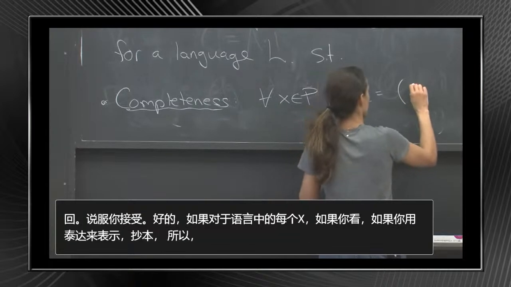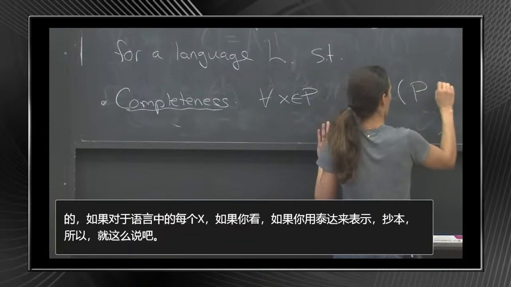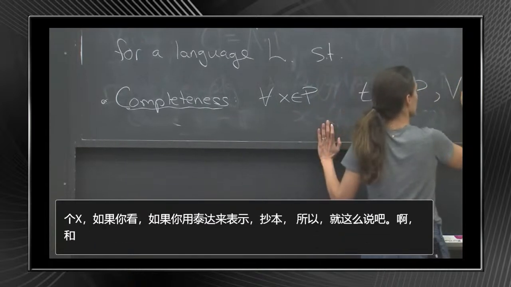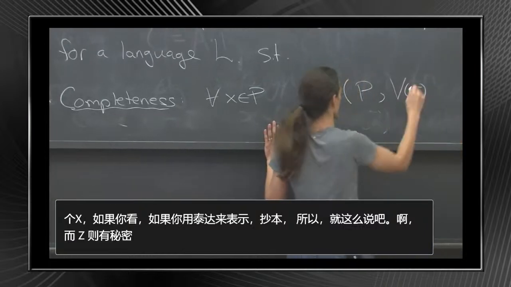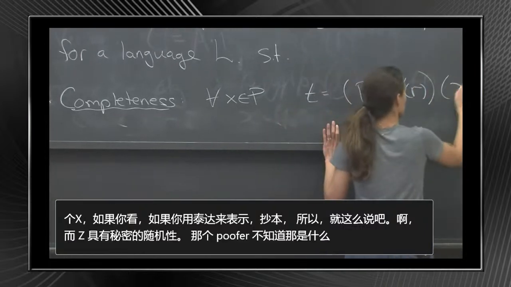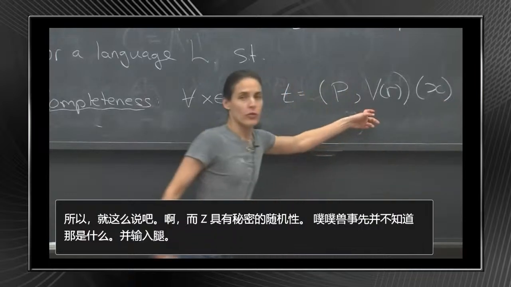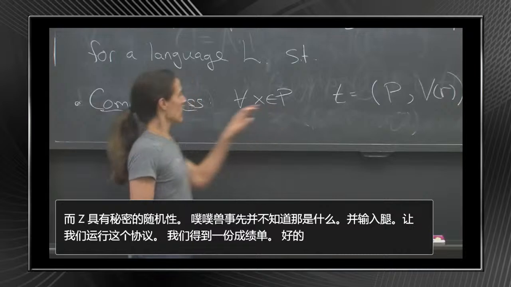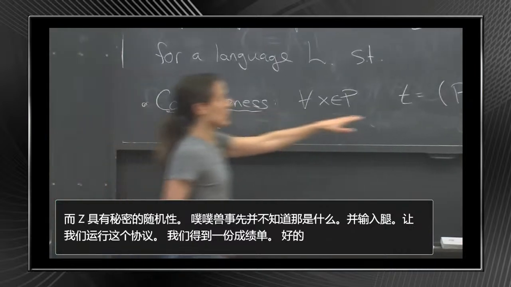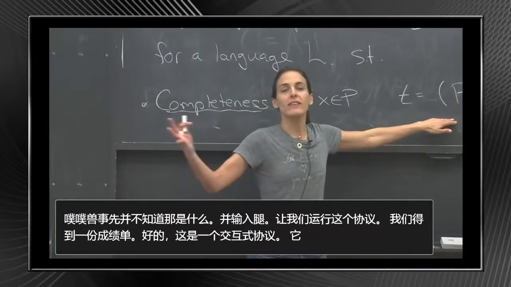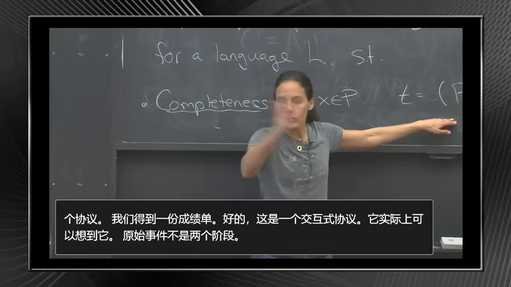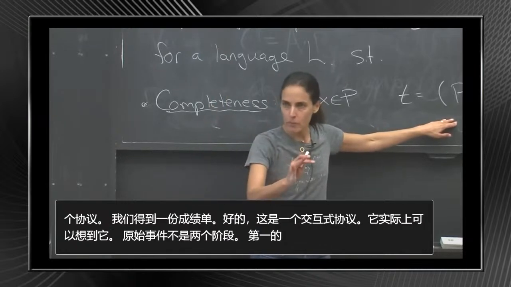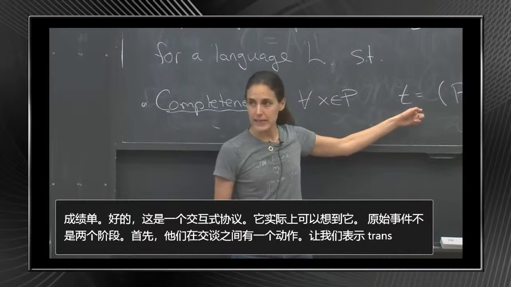Let's say P and V, which has secret randomness that the prover doesn't know ahead of time, on input X. Let's run this protocol and we get a transcript. You can think of the protocol as interaction where they talk back and forth. Let's denote the transcript by T.